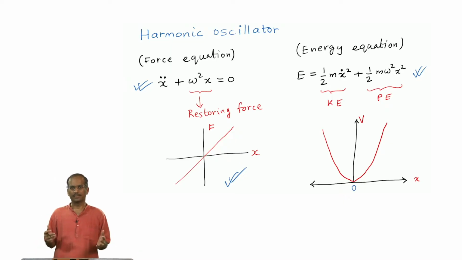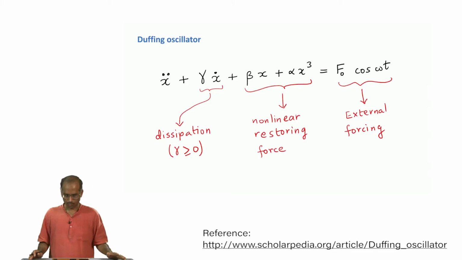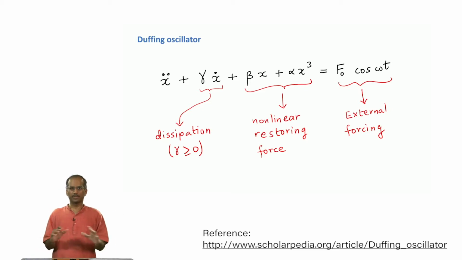In reality, that is not the case. So, the marble would finally come to a stop somewhere. So, we already worked with a nonlinear oscillator which was also forced, but it did not have the dissipation term. In today's class, we will put in everything.